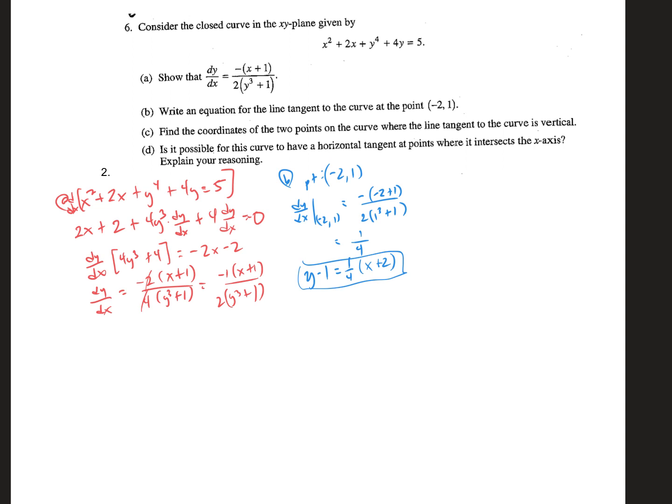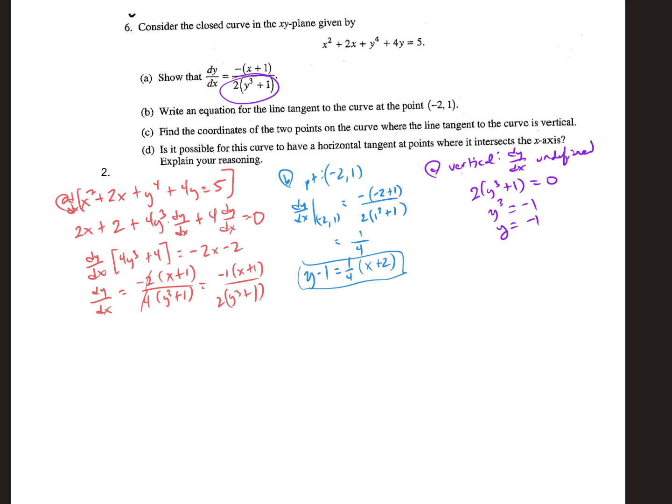Now for part C, it says, find the coordinates of 2 points on the curve where the tangent line to the curve is vertical. So vertical means the slope is undefined. And the way a slope can be undefined is if the bottom is equal to 0, not the top. So it's undefined when 2y cubed plus 1 is equal to 0. So I can solve that, get y cubed equals -1, which implies that y is -1. And then I want the x values.